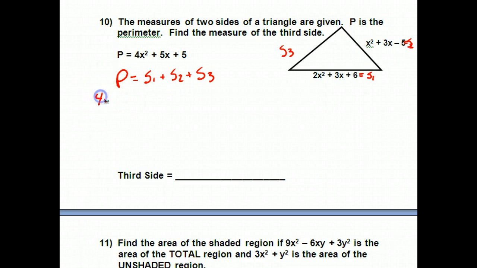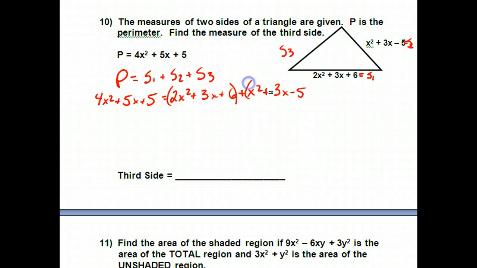So 4x squared plus 5x plus 5 is going to equal, and now let's look. Side 1 is equal to 2x squared plus 3x plus 6, plus side 2, x squared plus 3x minus 5, and then plus the side that we're looking for, side 3.